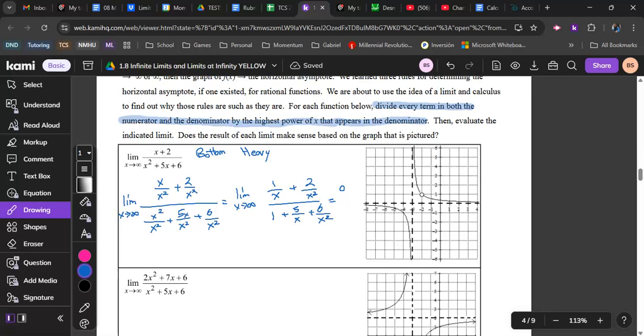Think about it this way. What's 1 divided by 1? 1 divided by 10. 1 divided by 100. 1 divided by 10,000. 1 divided by 1,000,000. 1 divided by 1,000,000,000,000.